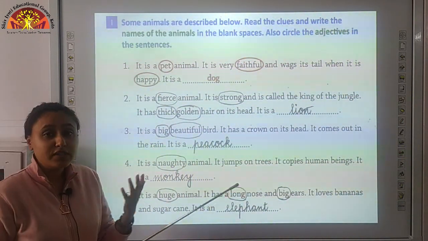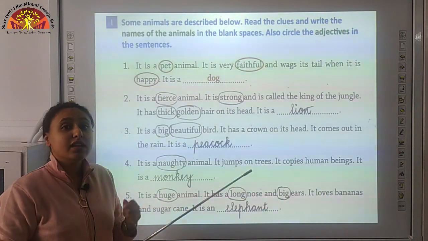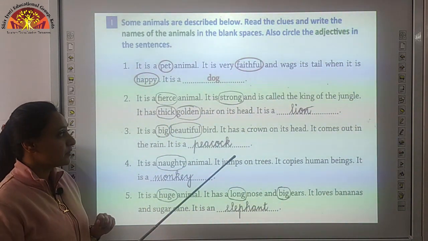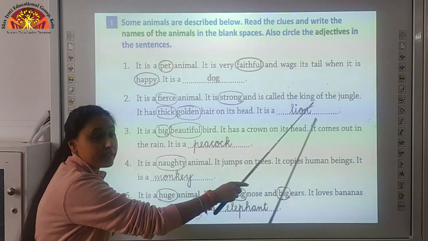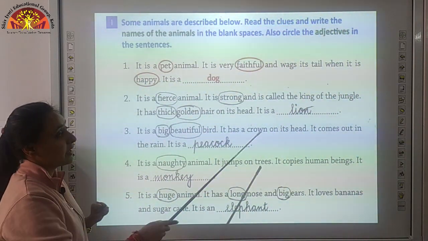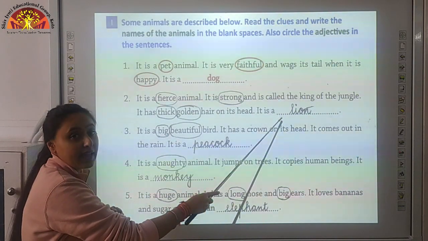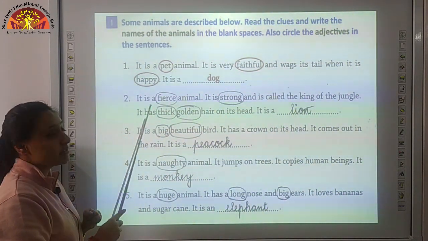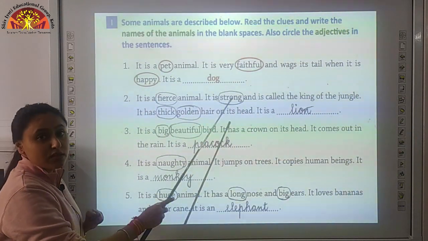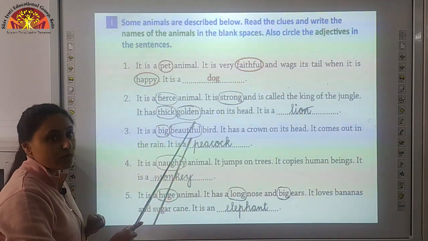So children, who is called the king of the jungle? Lion is called the king of the jungle. So we will take a clue from here, king of the jungle, and we will write lion over here, L-I-O-N, lion. And adjective we have circled are fierce, strong, thick and golden.